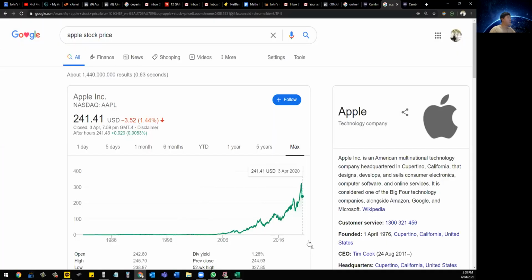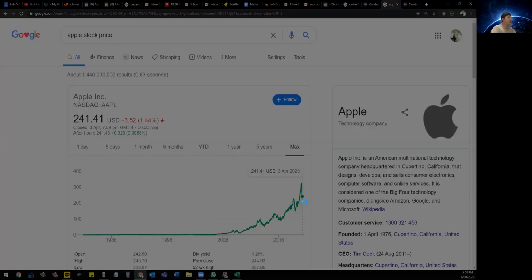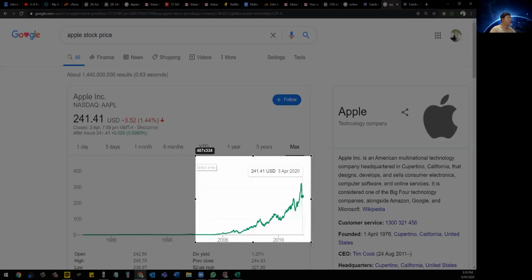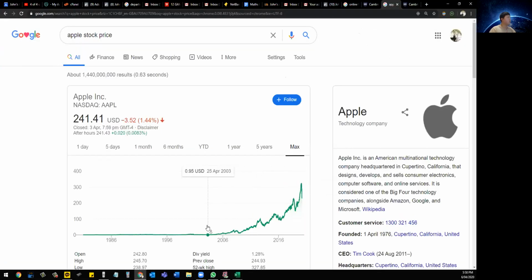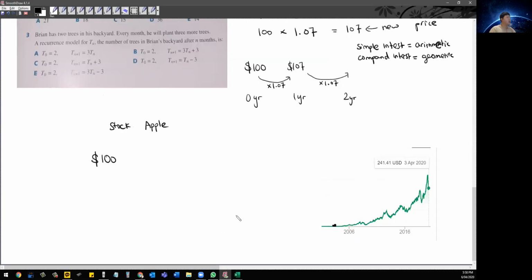But now it costs $241. So 2002 August was like $1, and you can see that it's growing, right?